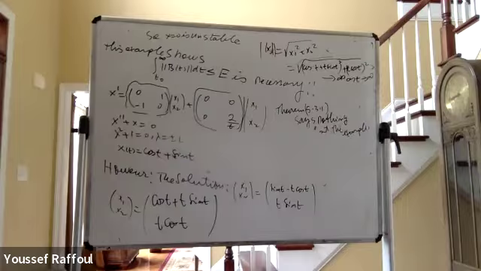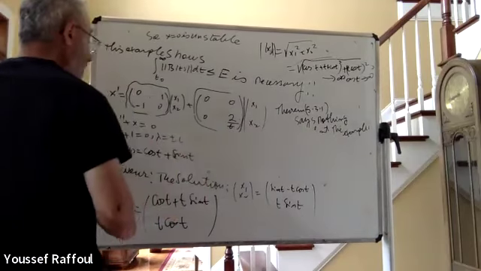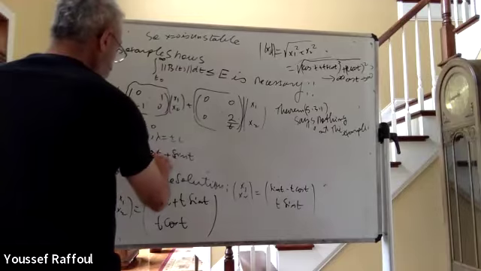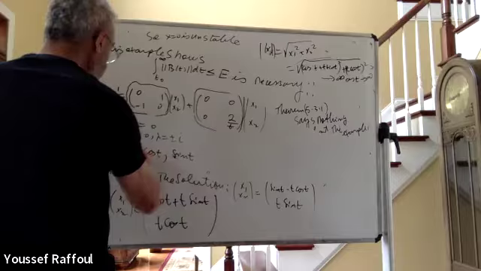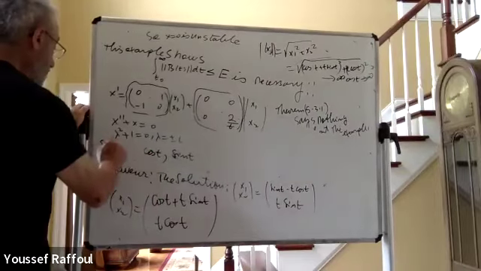So you have cosine t and sine t as solutions. This is a general solution.